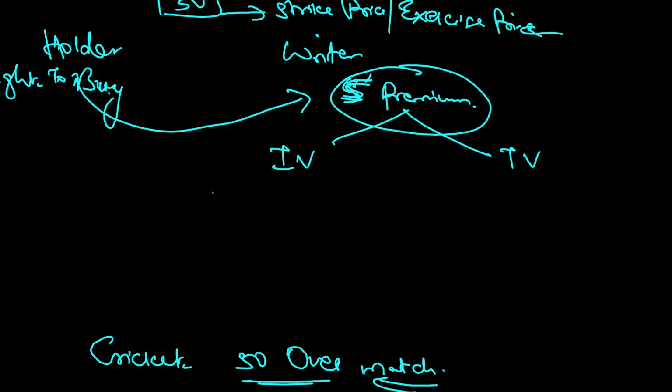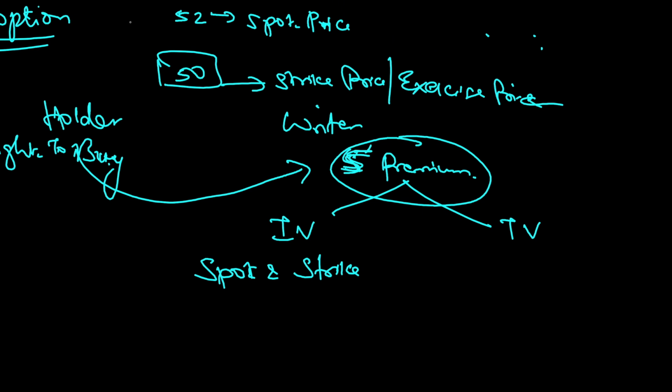Intrinsic value is the difference between spot and strike price. That means over here the difference is 2. So for sure the premium will be 2, and then plus how much time is left. Imagine 10 more days are there to expiry.